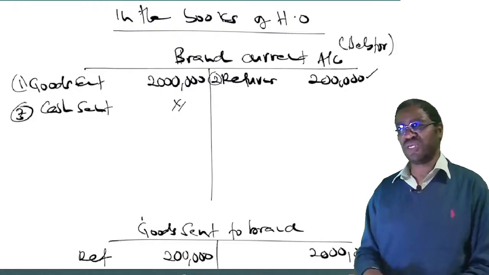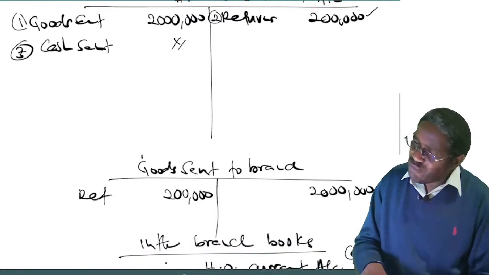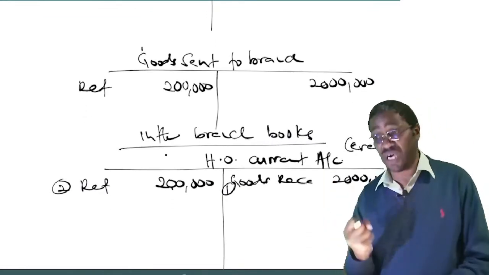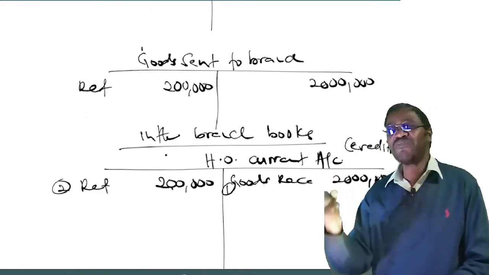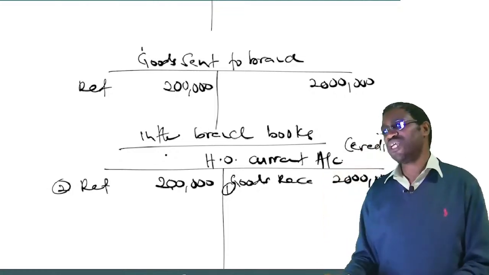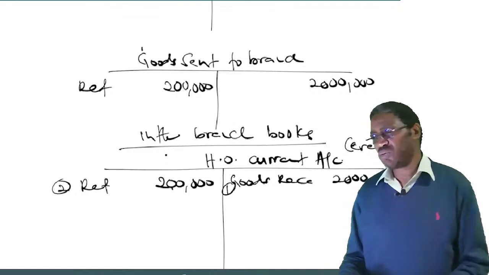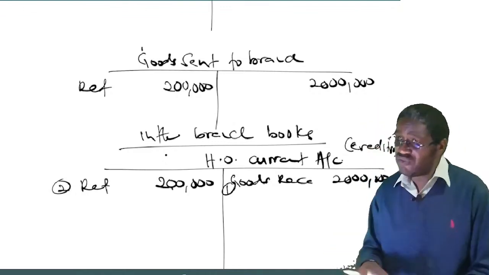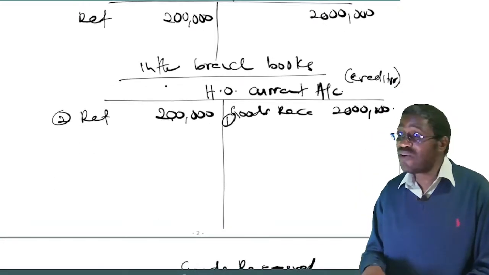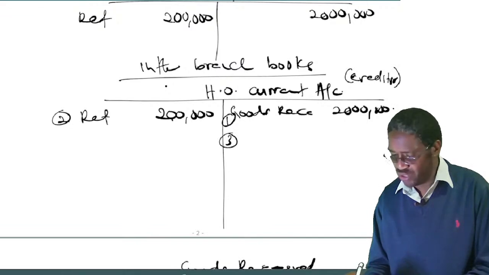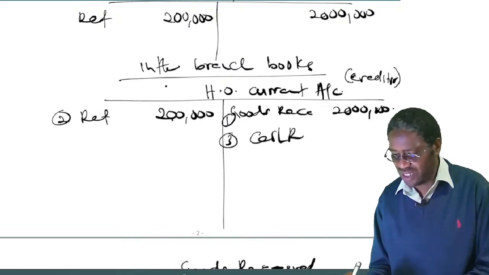While in the books of the branch, remember they are receiving that cash. So then they will increase what they owe you because they owe you for that amount. Good. So with cash received by the branch, for them they will debit cash and credit head office current account.